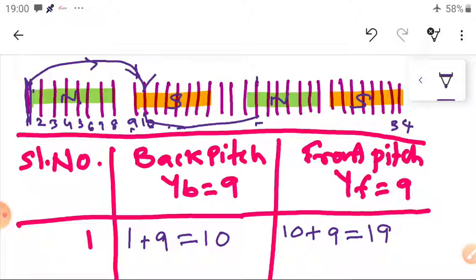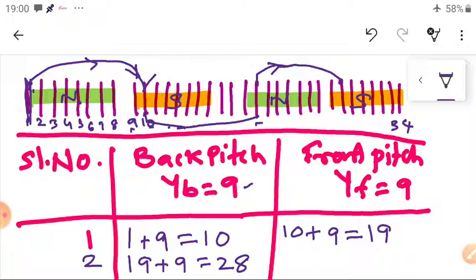Now this 19th conductor I am going to connect once again, another pole pitch. So 19 plus the back pitch, the same 9, and we get the 28th conductor.